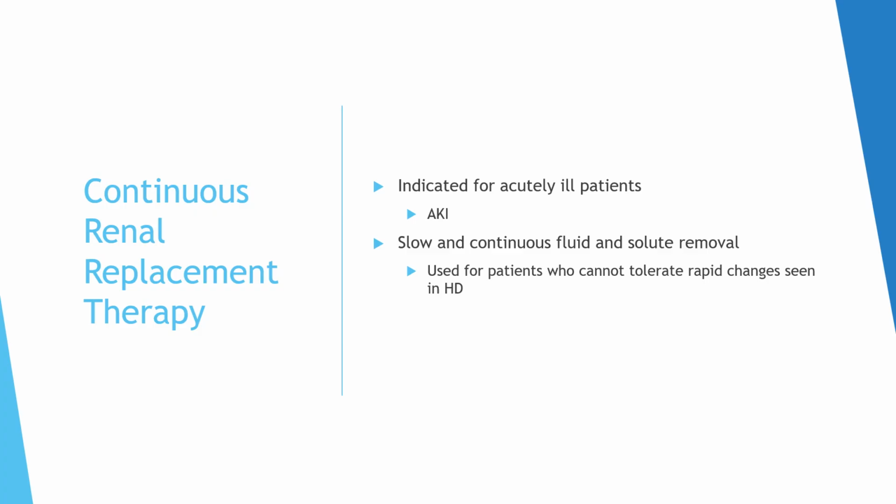In hemodialysis, we're cleaning 300 mils of blood a minute, whereas in CRRT, we're maybe doing that in an hour. We're going very, very slowly, especially for patients who are really hypotensive or have some sort of hemodynamic problems, or we're worried about their cardiac function. We'll do CRRT.